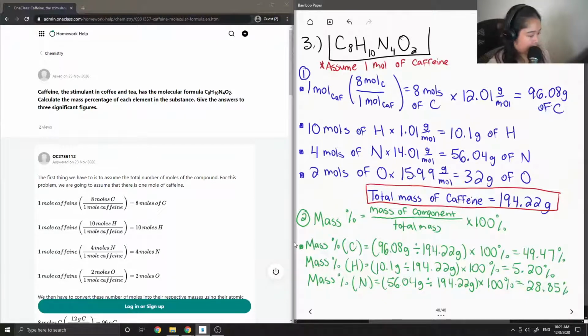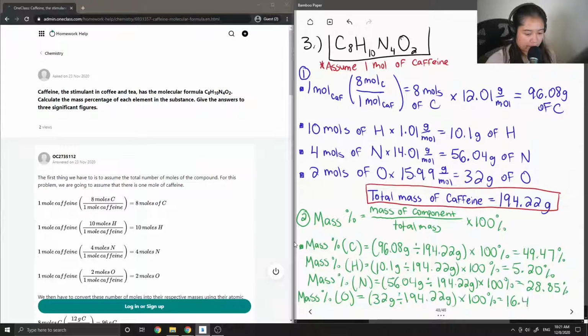And then lastly, the mass percentage of oxygen is equal to 32 grams divided by 194.22 times 100 is equal to 16.48%. Okay, so you can double check your answer, and if you add up all the different percentages, you should get 100%.